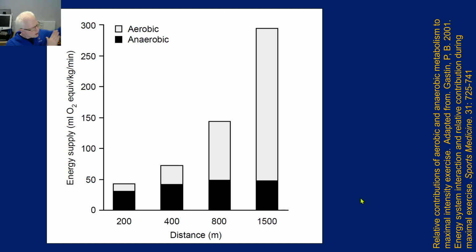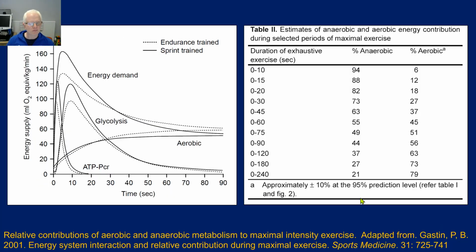Because remember that our ATP turnover rate is faster from anaerobic metabolism than it is from aerobic metabolism. Now, if we carry on looking at this work from Gaston, a lot of that is borne out here. If you look at the figure on the left, which looks a little bit complicated because there's a lot of things going on, but in essence, we've seen this figure before.